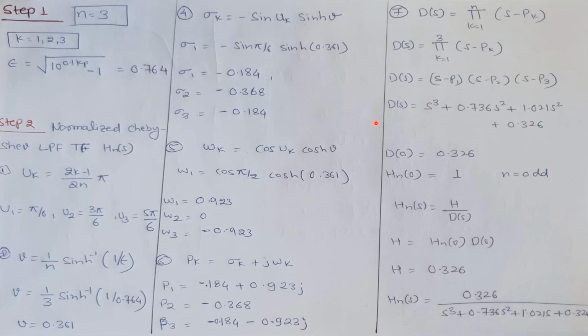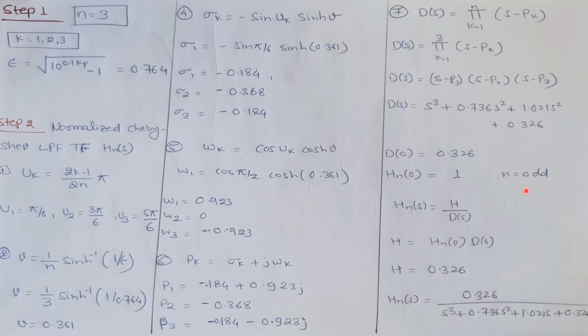Now we need to calculate one more thing, that is the h value. How do we calculate h? Just put s equal to 0, so H naught 0 into D naught 0 will be equal to h, and we know H naught 0. What is H naught 0? 1. Why?